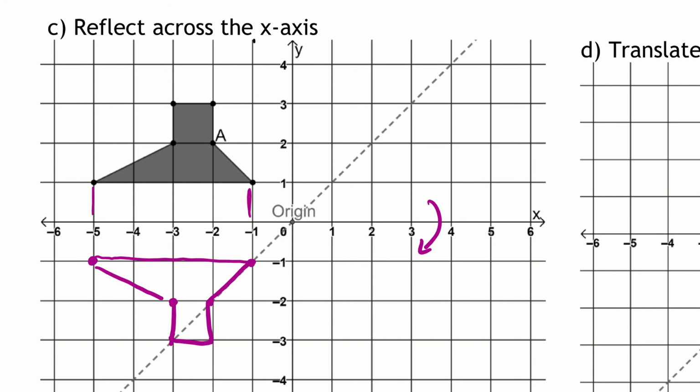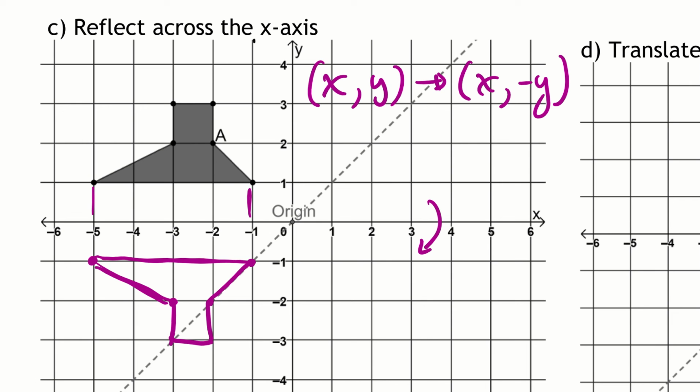I find it's super easy to reflect across the x-axis and the y-axis. And there is a rule for it too. If you've got (x, y) and you want to reflect across the x-axis, x stays exactly the same, but the y's just become the opposite of what they were. So that is the reflection across the x-axis.